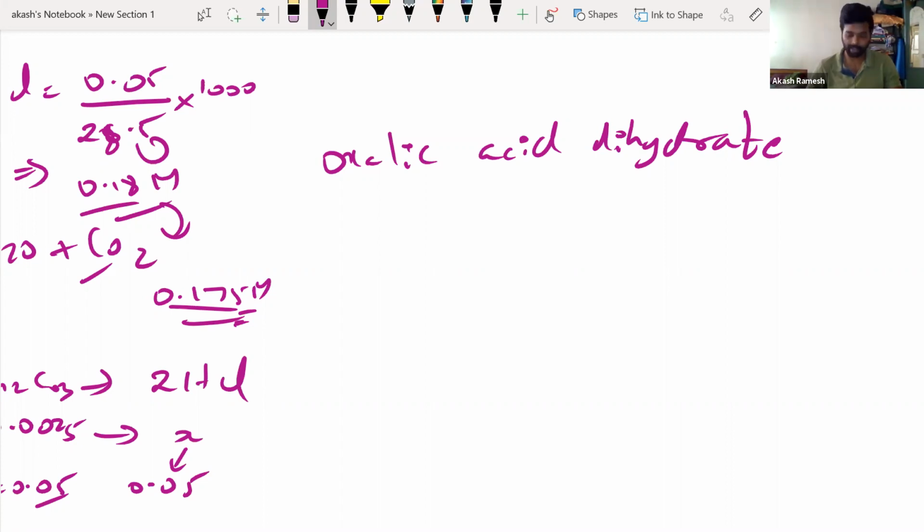To completely neutralize 10 mL of this acid, that is oxalic acid dihydrate.